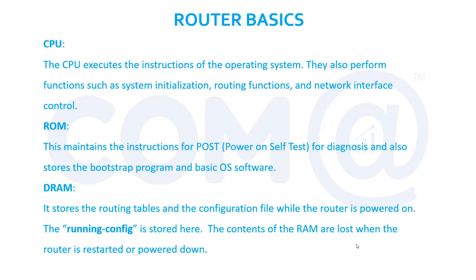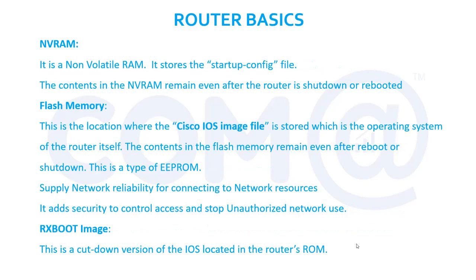This running configuration is only temporary, but if you want to make it permanent, we have to copy the data to the startup configuration. While booting, it will refer only to the startup configuration, not the running configuration, because the running configuration is available only when the router is running.